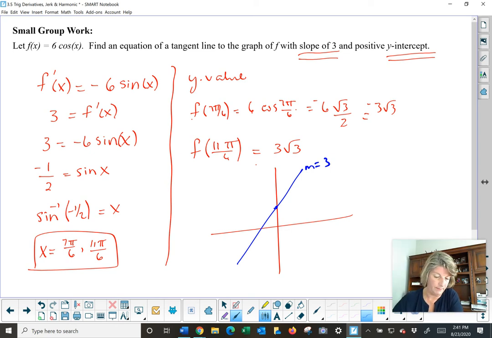So I'm just looking at potentials here, and 7 pi over 6 would have negative 3 root 3. But 7 pi over 6 could be written as negative pi over 6, couldn't it? No, it couldn't. 11 pi over 6 could be. Then it had root 3 over 3.